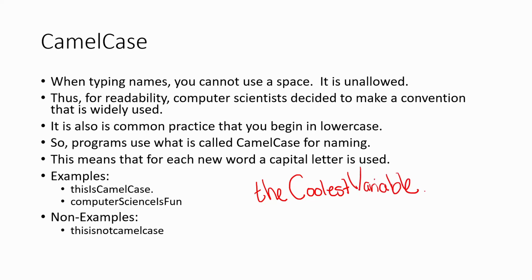So that would be making the coolest variable, and maybe I'm going to assign it the value of 5. So the coolest variable has been assigned the value of 5. Notice every time I wanted to put a new word for my name of my variable, I did capital letters. That is so it's easier for you to read as you are reading, or if you're looking at someone else's code, you really hope that someone does camel case for their variables as well.